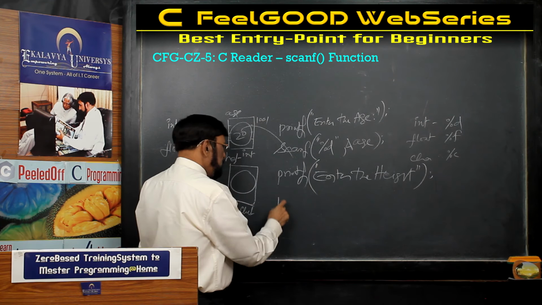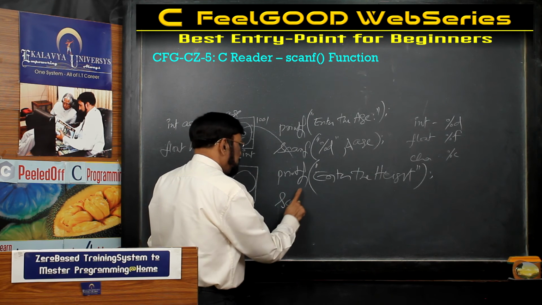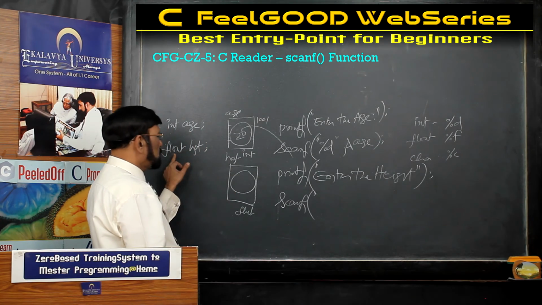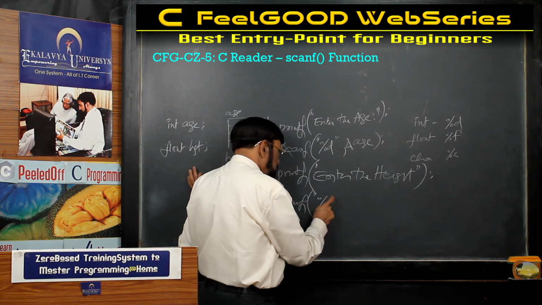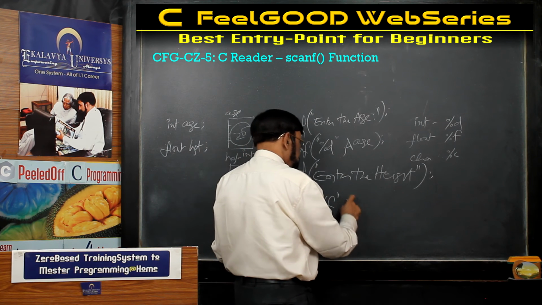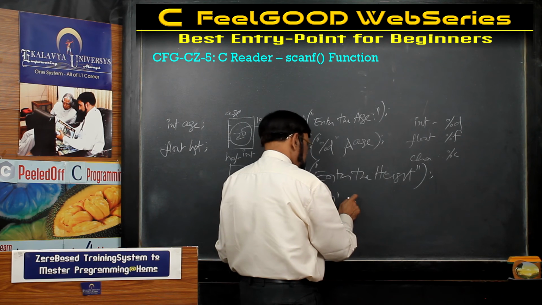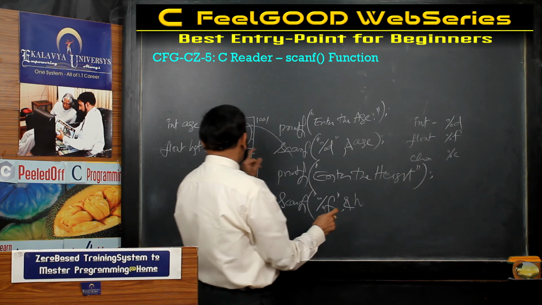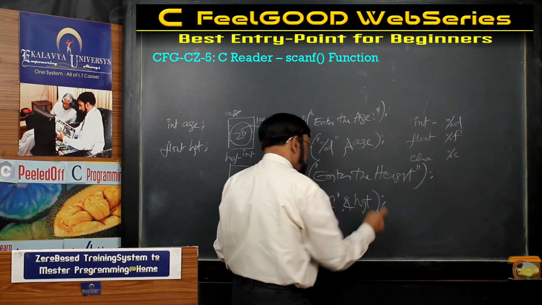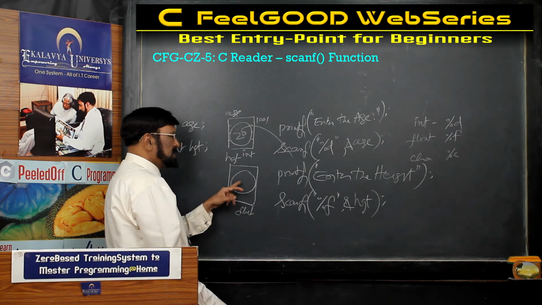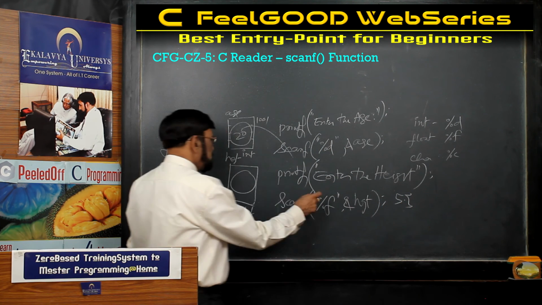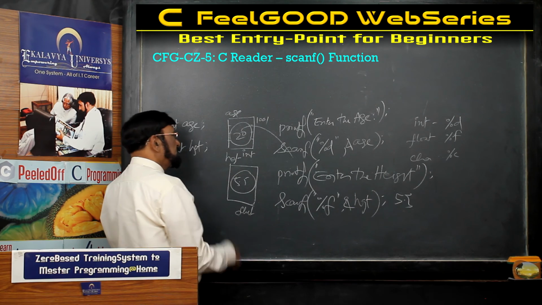Below that, you write the scanf statement. Which code do you write? For float, you want to read a float value, so you write %f. Thereafter, ampersand means address of, with the spelling you have written, hgt. What spelling you have written for the variable, the same thing you have to write. Now we entered 5.5. Then this postman drops 5.5 here.